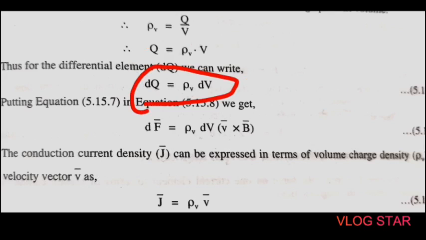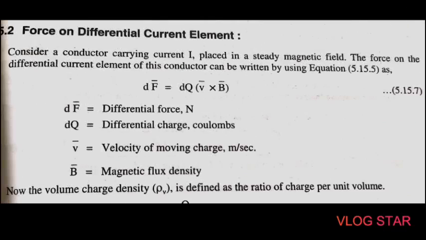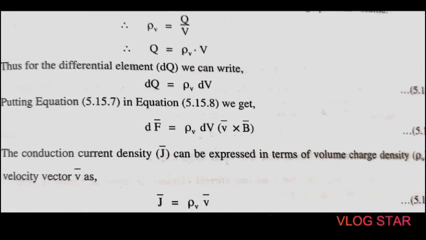Then in the next step we have to just put this value of dq in this equation number 1. So we get dF bar is equal to rho V into dV into V bar cross B bar. Okay, then after that we have to express the current density equation.